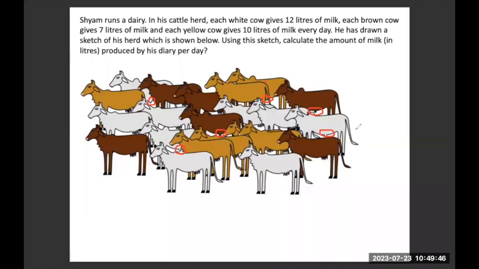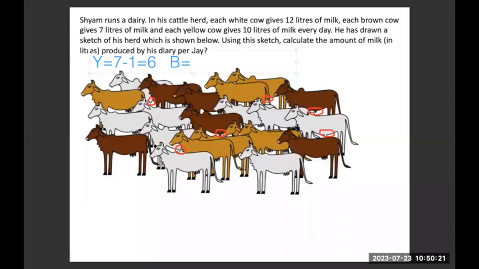All right. There are no other males besides them. Chalo. We'll just write here. Number of yellow cows which are female is how many? One yellow cow is male. So how many yellow ones are there? 1, 2, 3, 4, 5, 6 and 7. So 7 minus 1 equals 6 cows.